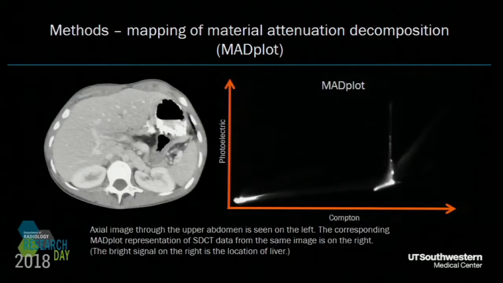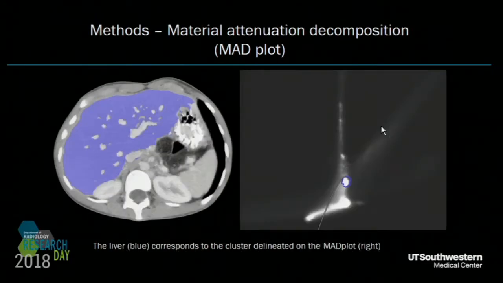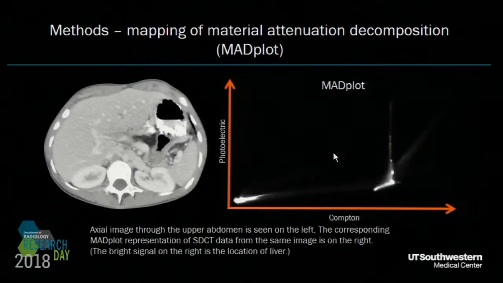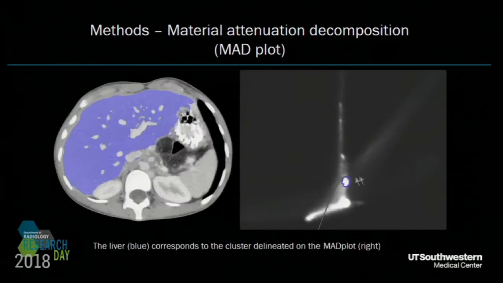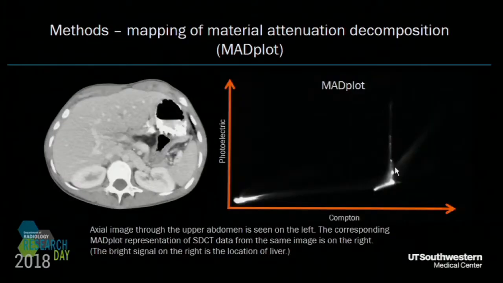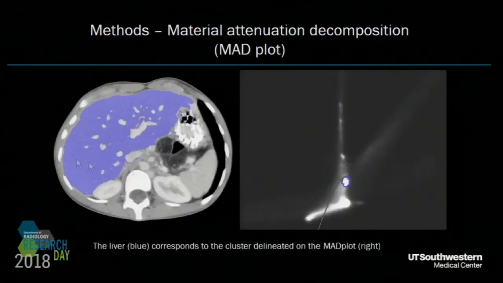So this is what the MADplot would look like in actuality. This is kind of like where the lung and the air tissue would be. Here is where kind of the soft tissue characteristic values would be for this image right here. And what we have found is that this particular area here on the MADplot corresponds to the liver.